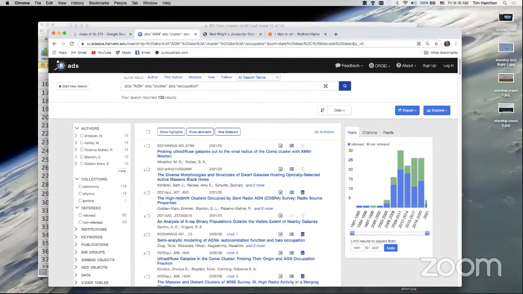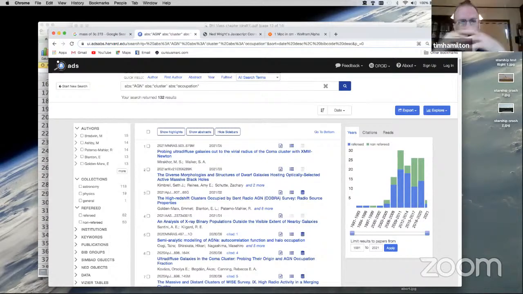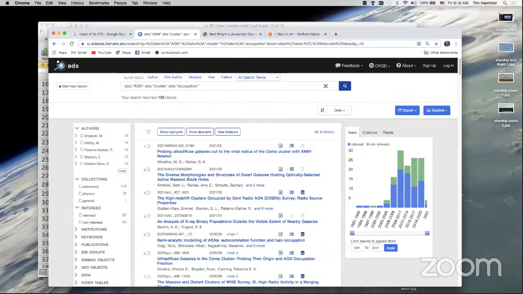Okay, Satyaki, you were asking, what do you mean by off-center? You mean to say off-center in the cluster, or the AGN is located off-center? Like off-center in the host galaxy, say. Yeah, I don't know. Where is he? Satyaki, are you there, Satyaki?